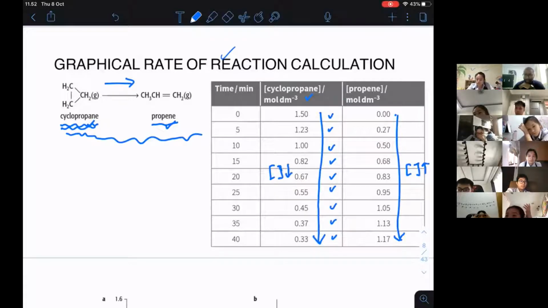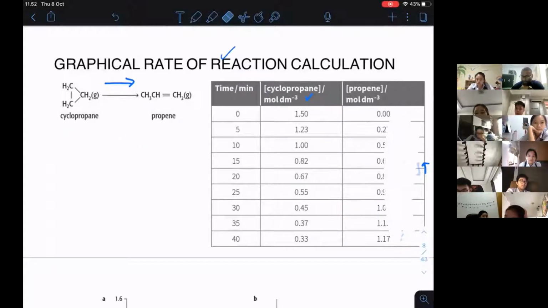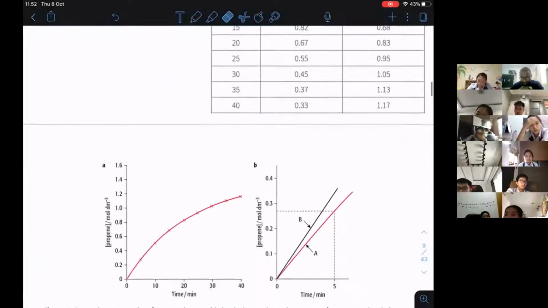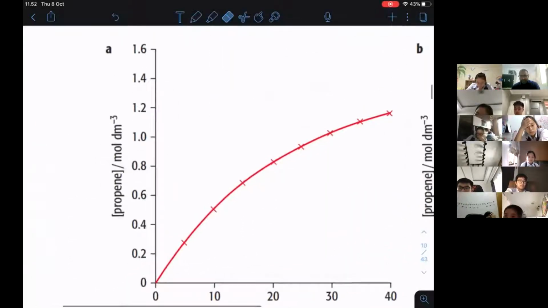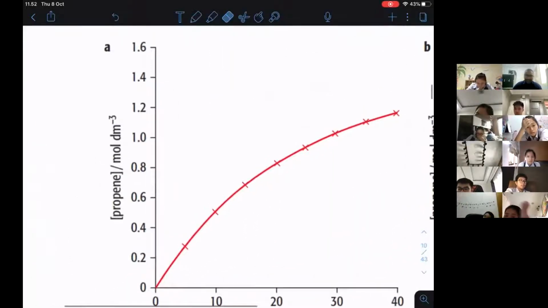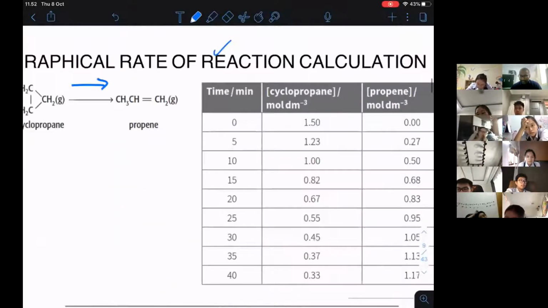So if I put it in the form of a graph, I can see what is going to be changing according to time. They actually drew one graph, but they refer to propene. So when they refer to propene, let's look at propene.